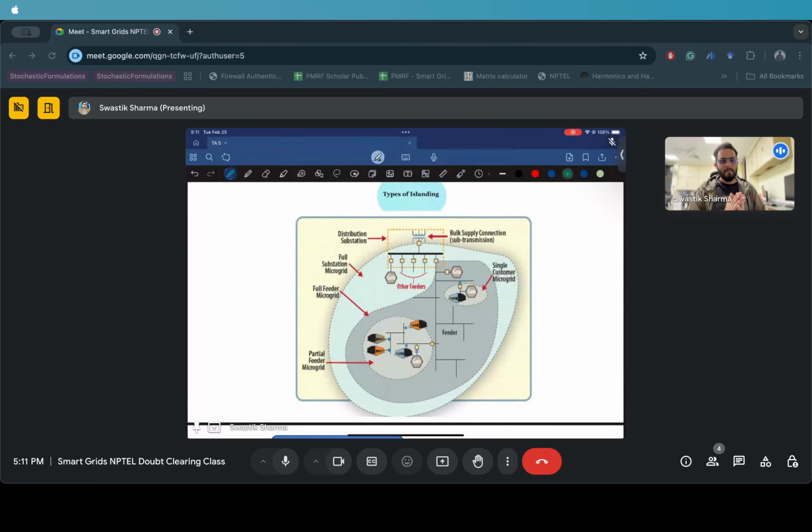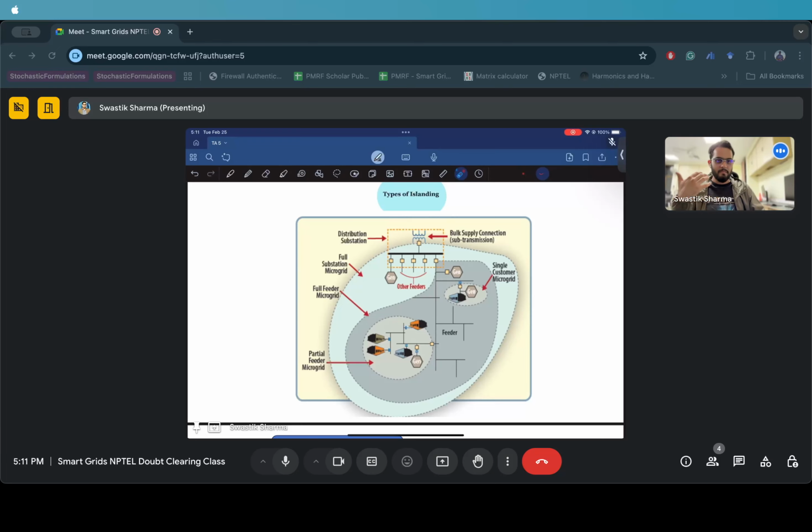Like for example, a microgrid can be of different kinds, right? At different voltage levels, there can be different kinds of energy generation devices available as well. Let's say, for example, this is the distribution substation, right? Here, the bulk supply is connected.